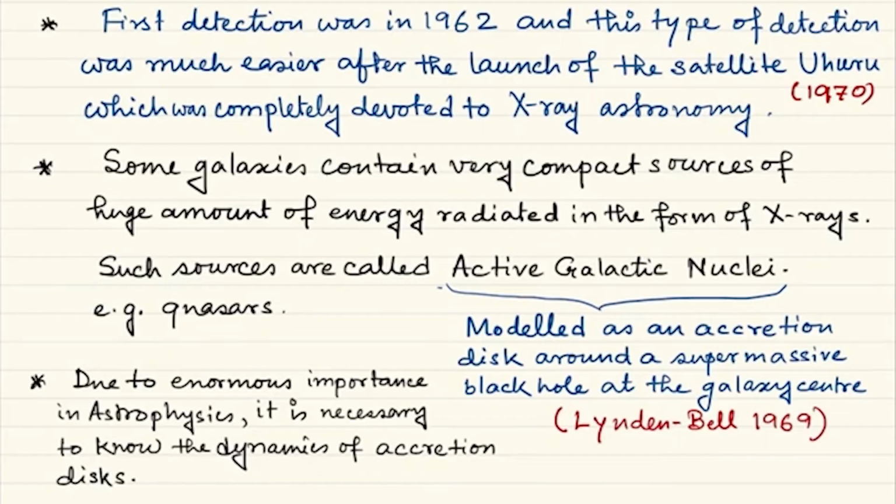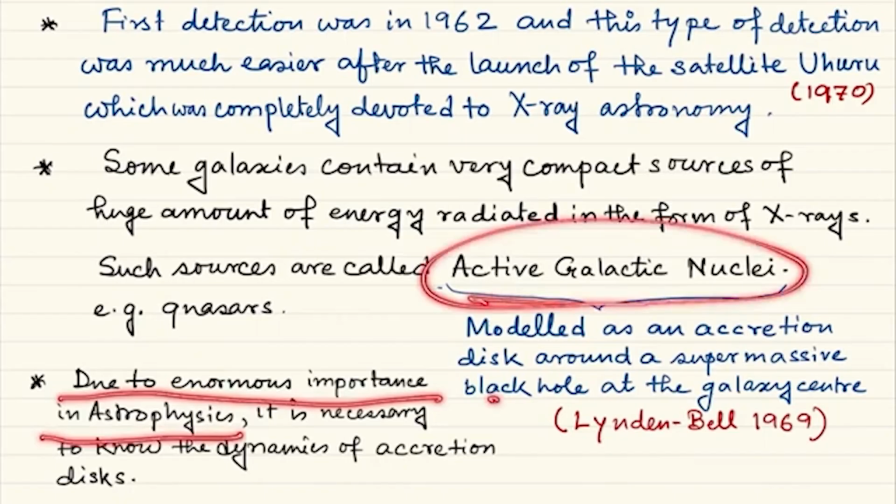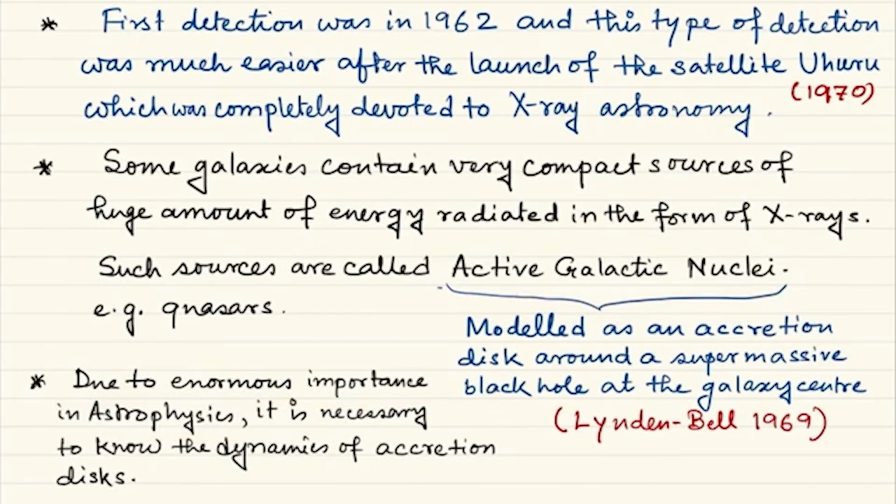So due to its enormous importance in astrophysics, for example in modeling this type of active galactic nuclei, it is highly necessary to know the dynamics of accretion disks. That was the importance.